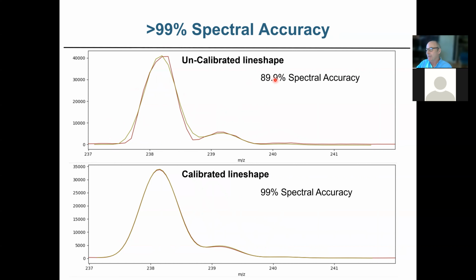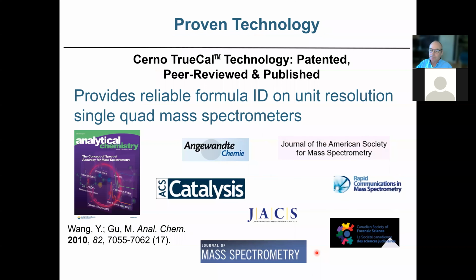Maybe we can explain 90% of the difference between these two lines. It's not good enough to do a formula identification. But after our calibration, you can see how well the calculated and the calibrated spectra match. So that's how we can do a formula identification.